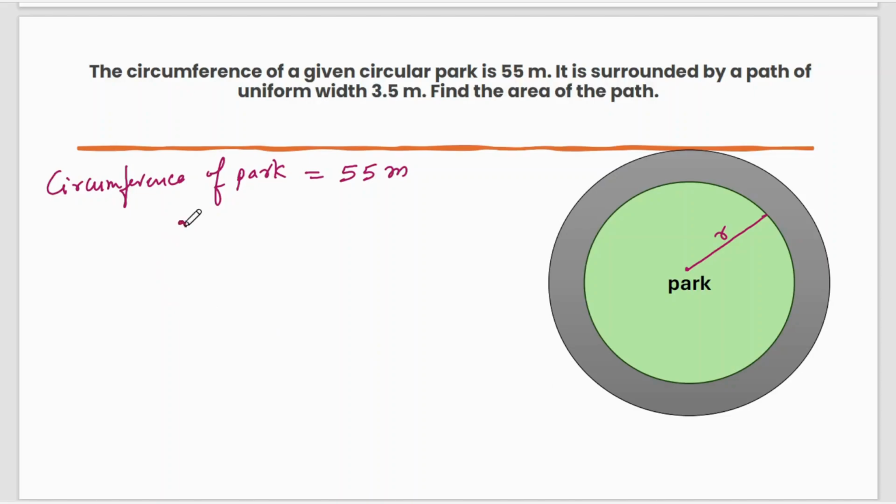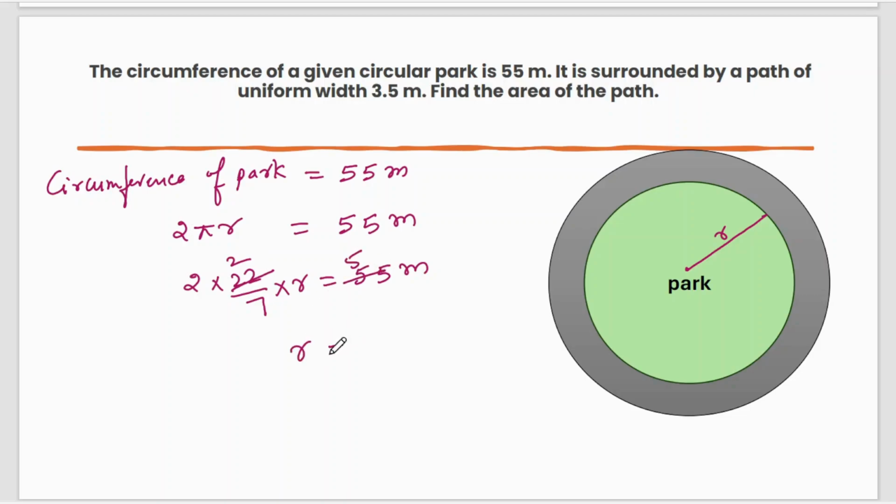Circumference is nothing but the 2 pi r equal to 55 meter. So we have 2 into pi, that is 22 by 7, into r equal to 55 meter. So we can calculate this. So r we will get as 35 by 4 meter. Just keep it like this only.